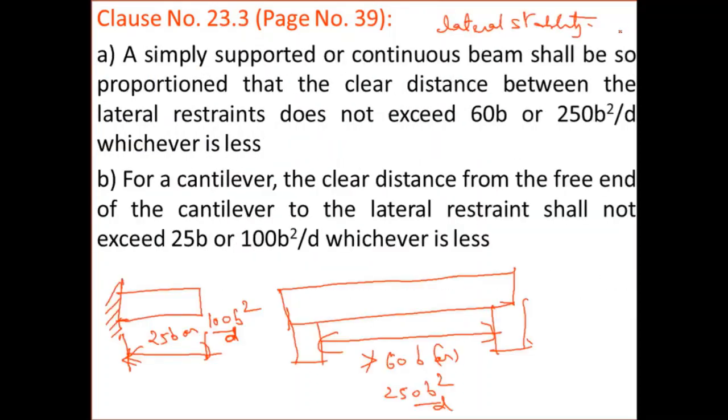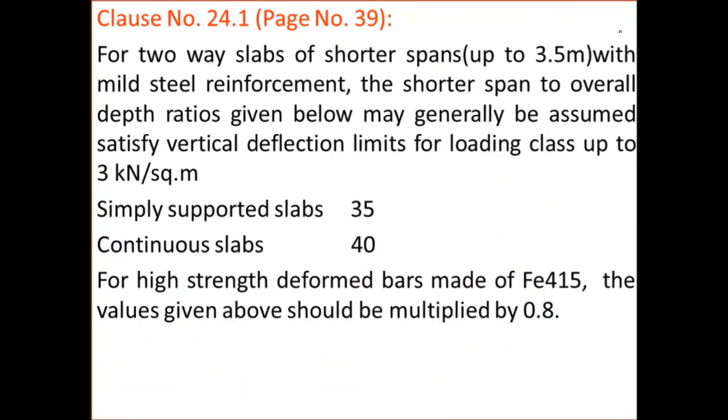Then for the two-way slabs, the short span to the overall depth, that means short span Lx divided by overall depth capital D, should not exceed 35 in case of the simply supported slabs, and should not exceed 40 in case of the continuous slabs.